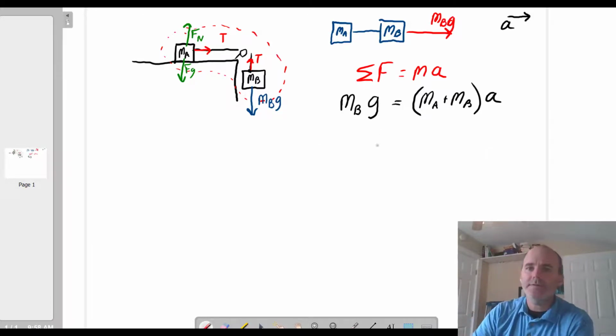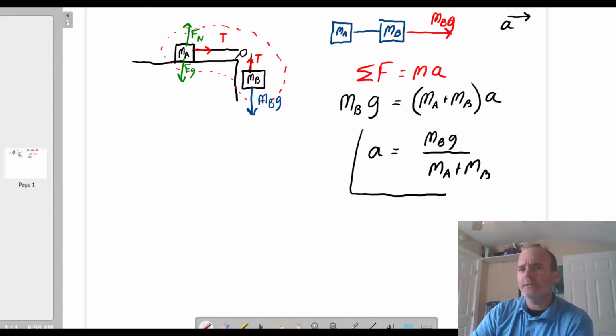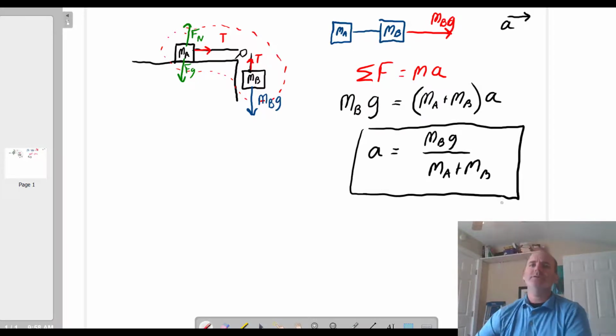If I rearrange this for acceleration, I have a equals mBg over mA plus mB. And there's my equation for my acceleration.